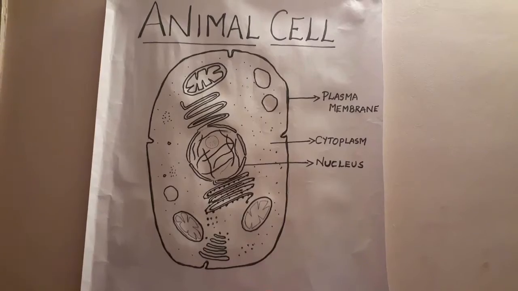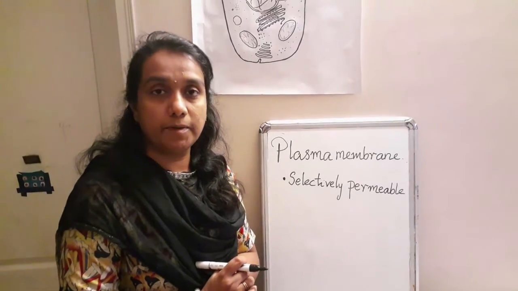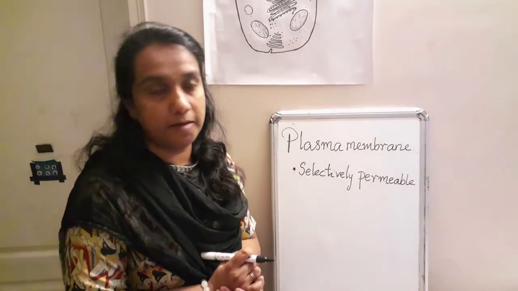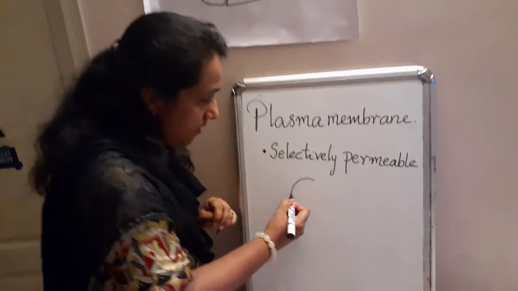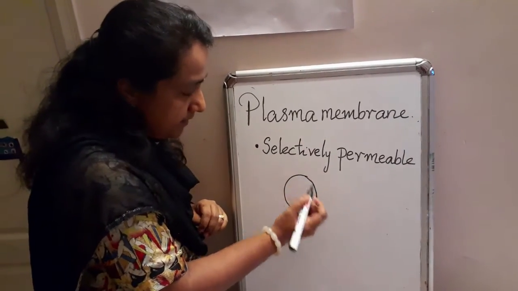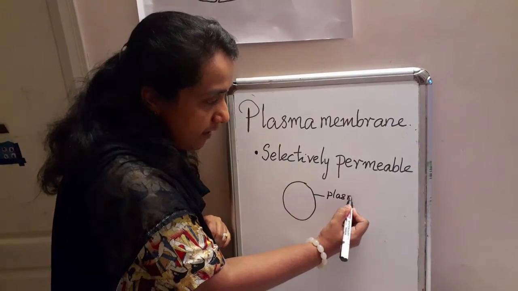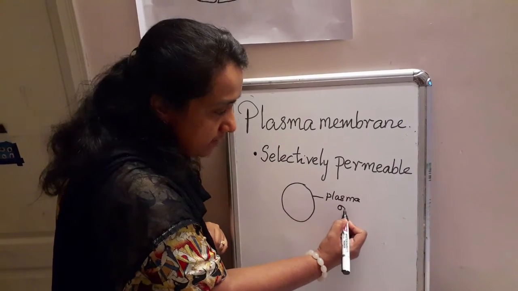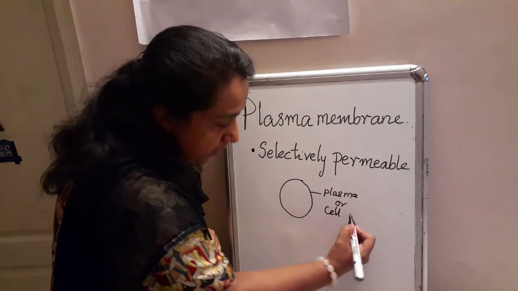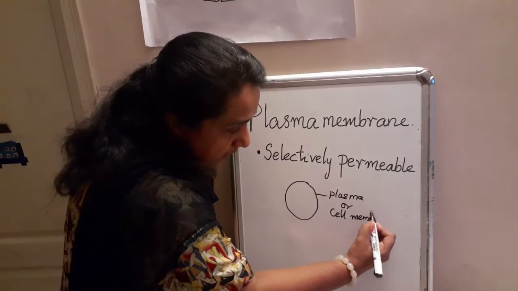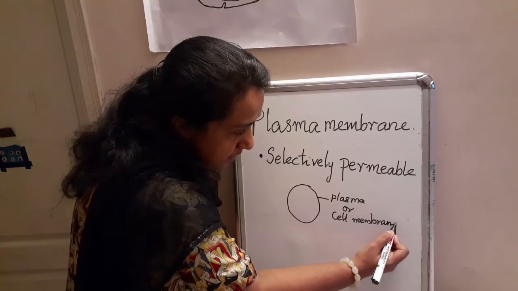As I told you, plasma membrane is selectively permeable. If this is a cell, this is the plasma membrane, or we can call it the cell membrane.